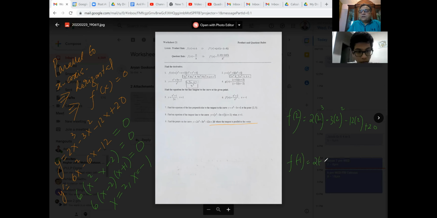So 2 times minus 1 cubed minus 3 times minus 1 squared minus 12 times minus 1 plus 20. Is it okay? So calculate these values. You get the points of interest where the tangent is horizontal, right? So those are the turning points for the given equation. You get the idea.